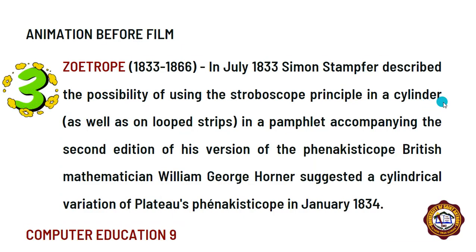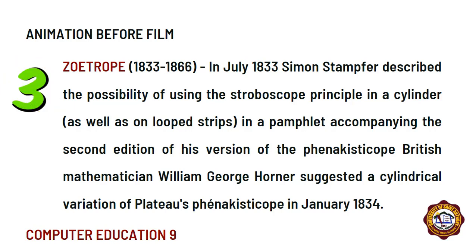So, third one is Zoetrope. Ano naman yung Zoetrope? So, it was 1833 to 1866. So, in July 1833, Simon Stampfer described the possibility of using the stroboscope principle in a cylinder, as well as on a loop of strips, in a pamphlet accompanying the second edition of his version of the phenakistoscope.